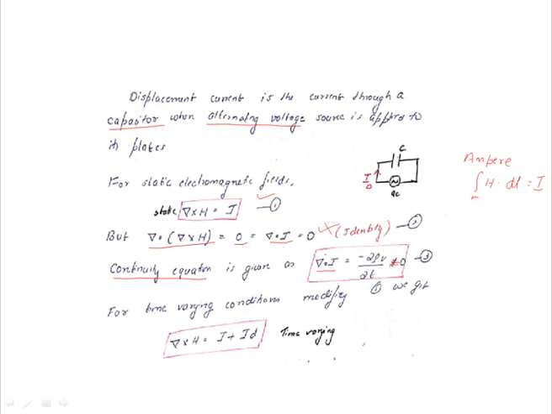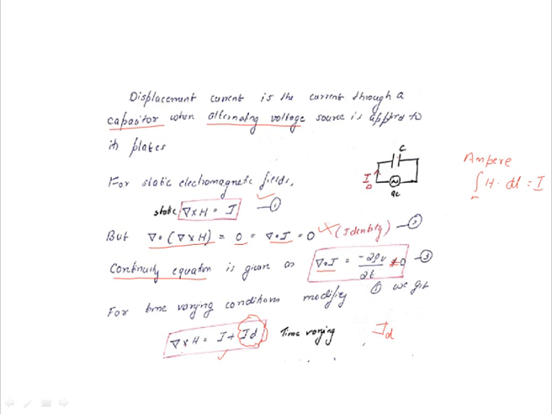This is a defect that arose because we processed Ampere's law without considering displacement current. To avoid it, what we have done is, instead of just writing del cross H is equal to J, we have added an extra quantity JD so as to compensate the effect of displacement current, right?